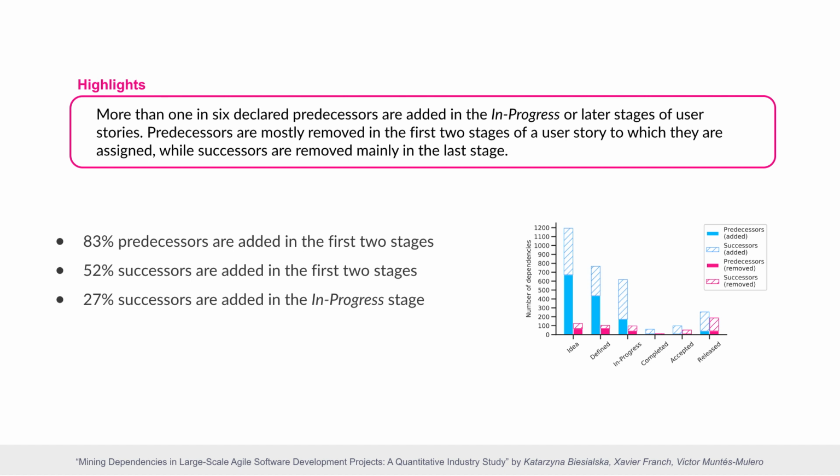Accepted is the stage that indicates that the user story has met the acceptance criteria, and the release stage, the last one, the user story is released at this stage.